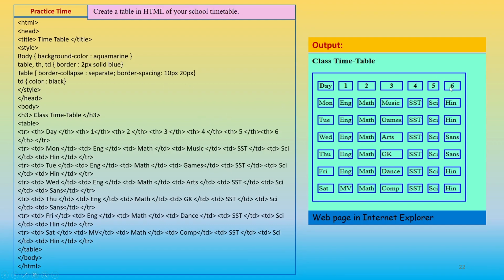If you want, you can add 2 more columns while writing your program, and it will be written in the same way as we did using the table border collapse property as separate. And you know what is 10 pixel and 20 pixel? This is horizontal spacing and this is vertical spacing.